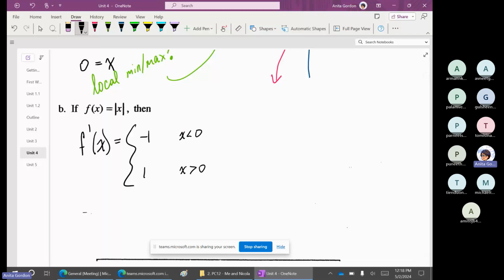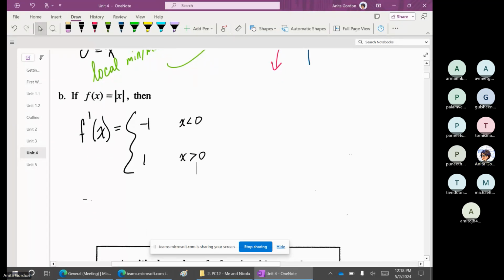Yeah, so when we have an absolute value function, it becomes a piecewise function, so we have to have a piecewise derivative. So what does that derivative say? If x is 0, f prime of x cannot be 0 in this case, which means it does not exist.